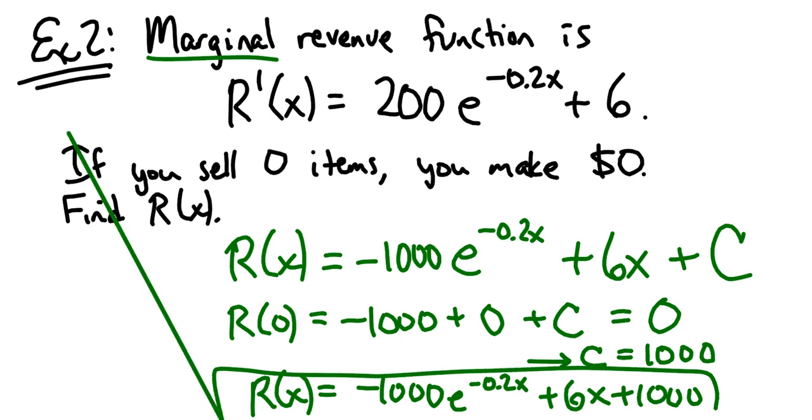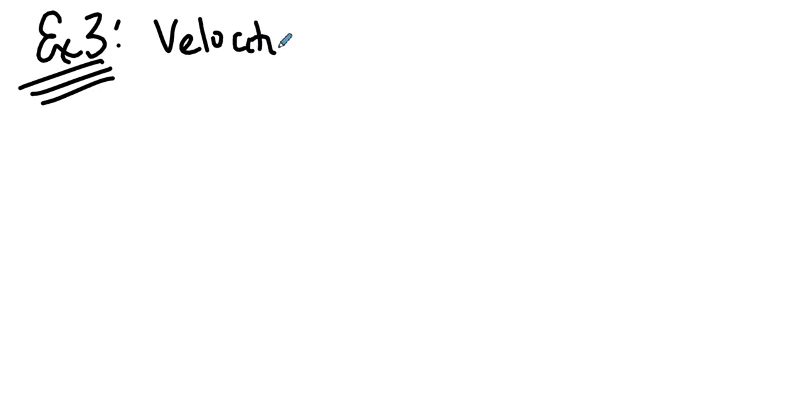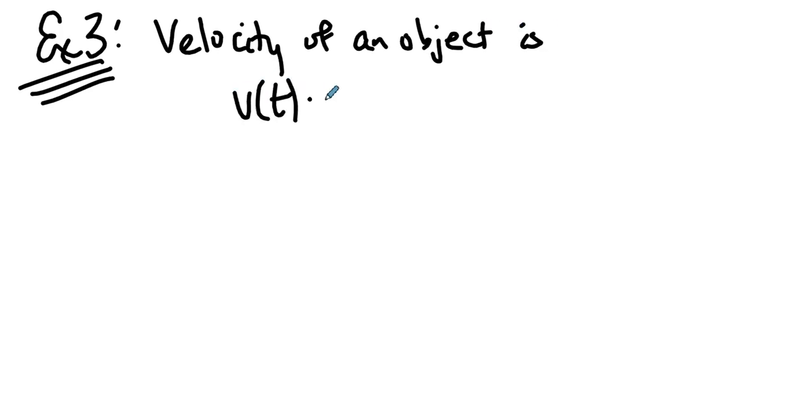I'll do one more. Let's suppose that the velocity of an object is 3t squared minus 8t.